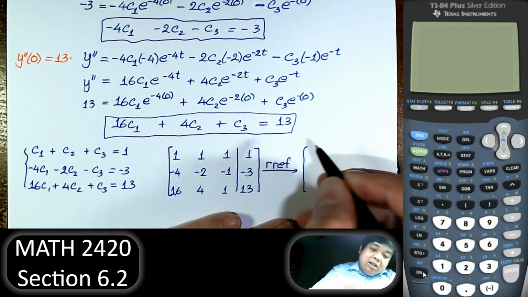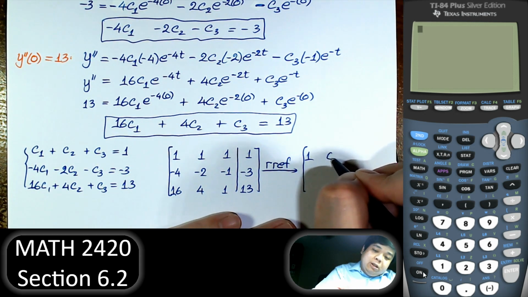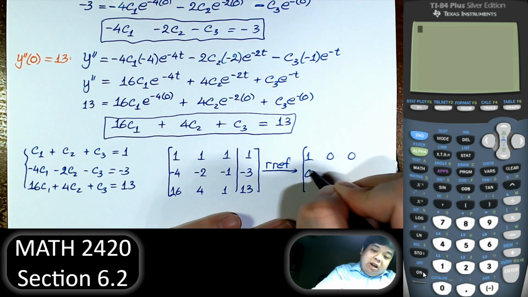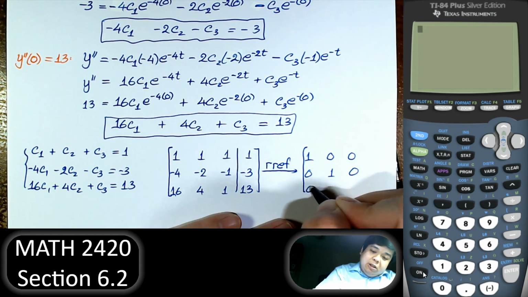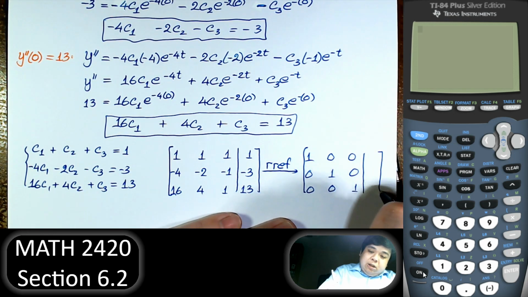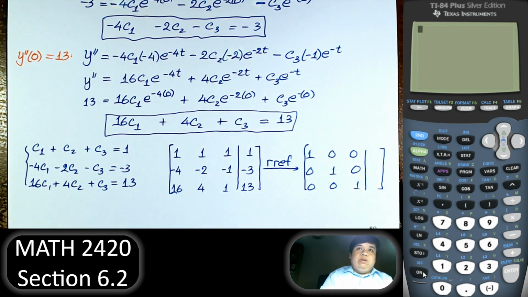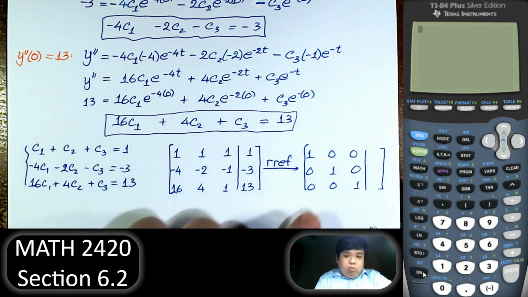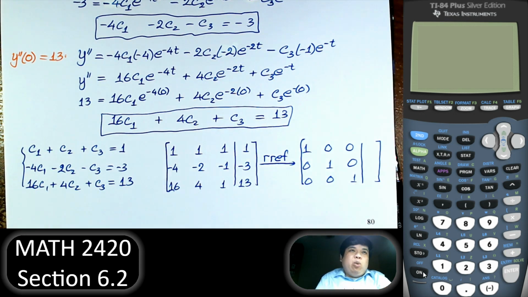If we can get this into an identity matrix on the left hand side, then what we have here will be the solution for c1, c2, c3. Of course later on it might not give the identity like this.